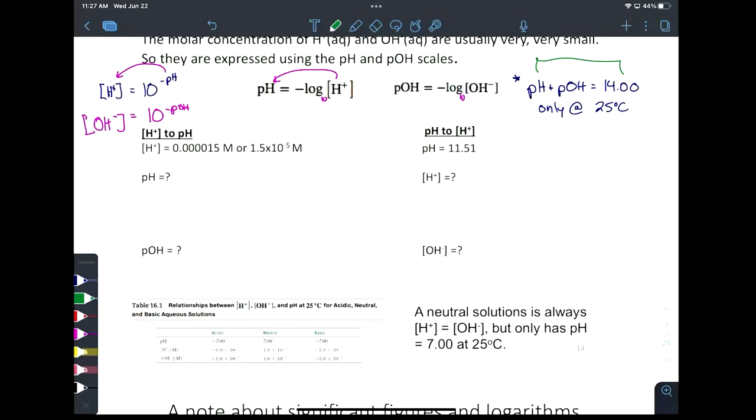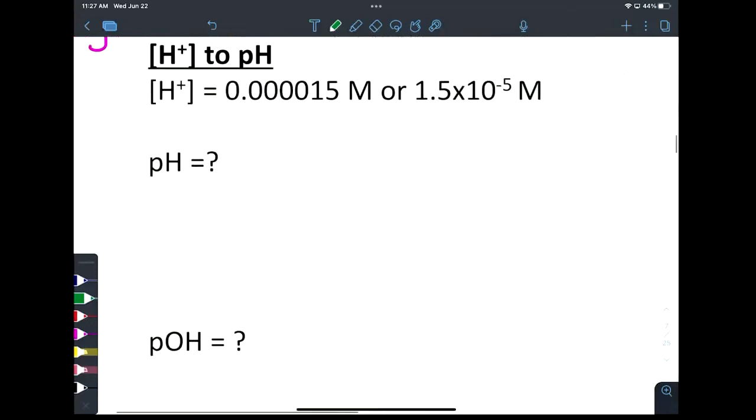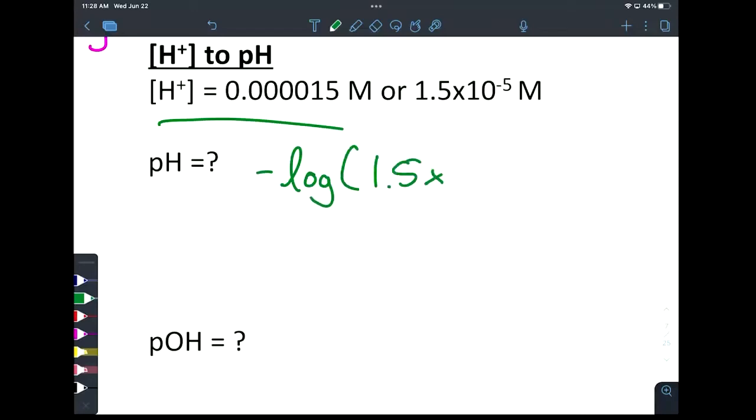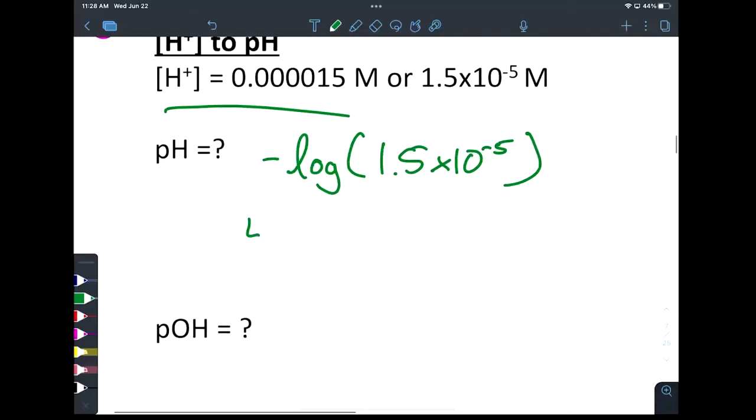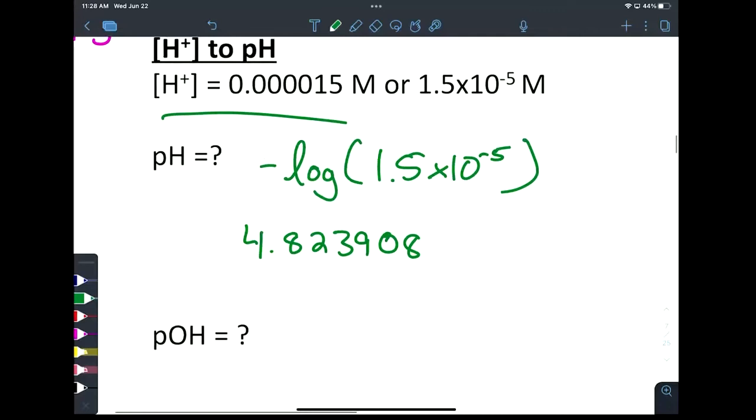Okay, so let's do some conversions. H to pH. What's your pH? I'm putting negative log of 1.5 times 10 to the negative 5 into my calculator: negative log 1.5 E negative 5. That gives 4.82398. On the next slide, I talk about rules for significant figures with logarithms, but I'm going to describe it right here. How many sig figs does our concentration have? 2.